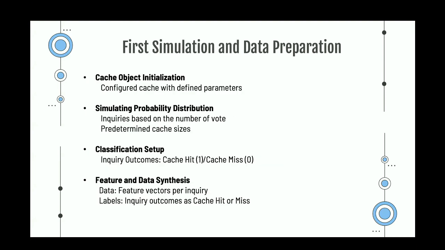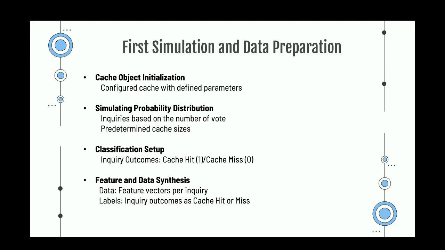Here in the first process, we had to do simulation. Actually, we did a good way to do feature engineering. For example, we know that any given dataset forms a distribution, but we do not know what distribution they form. In order to have that kind of distribution within the given cache accesses, we use the number of votes to build the probability distribution.